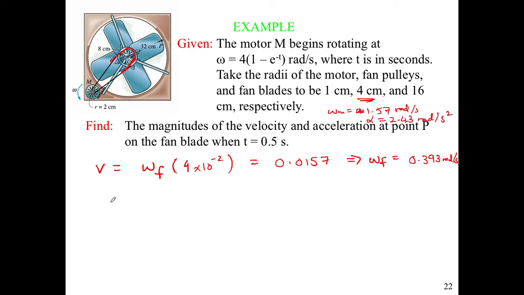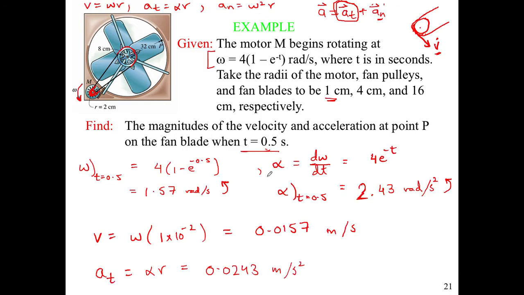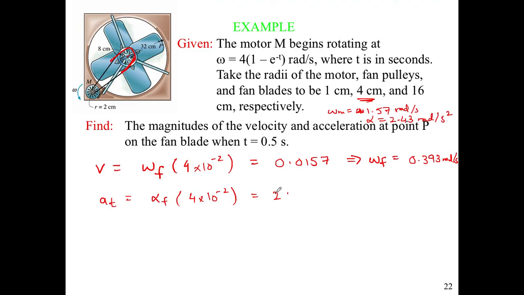Okay. Similarly, the A tangential remains unchanged. So that is also going to be this one right here, which is equal to 0.0243. So alpha, the angular acceleration of the fan, then turns out to be 6.075 radian per second squared.